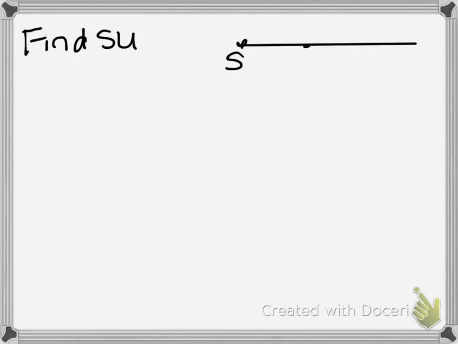All right, looking at our next example, we need to find SU. And we have our line segments. This is S, this is T, and this is U. So we have 7x for ST, 11 for TU, and the whole thing SU is 18x.